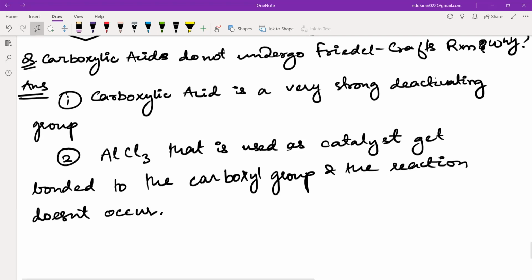So these are the two reasons why carboxylic acids do not undergo Friedel-Crafts reactions.